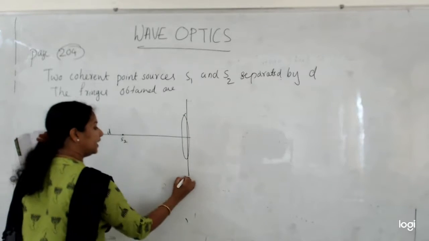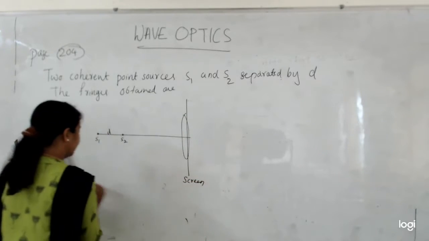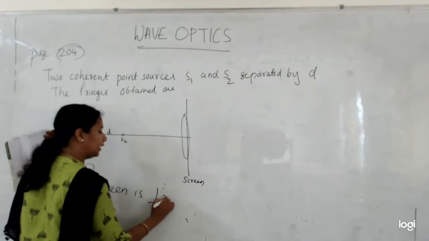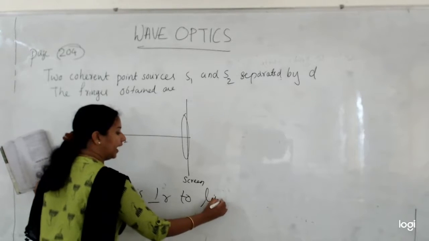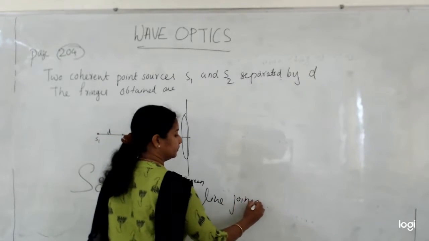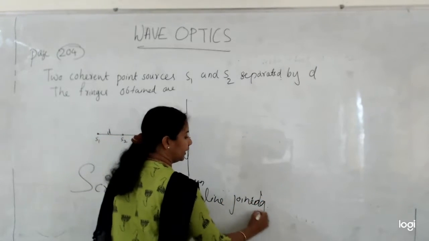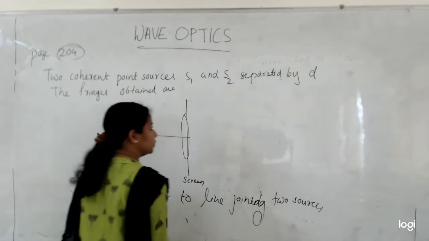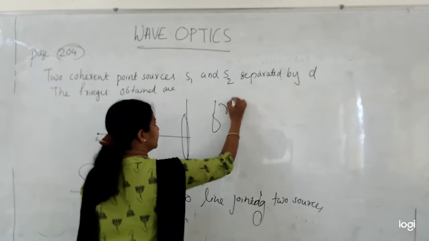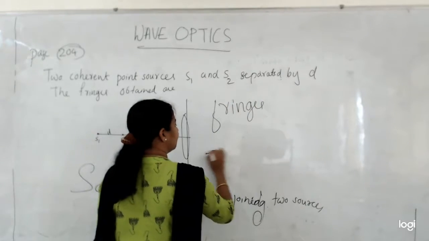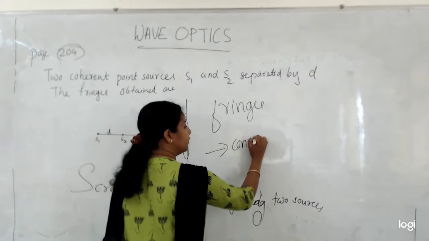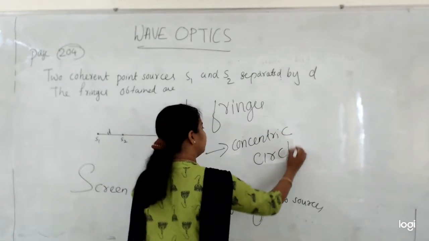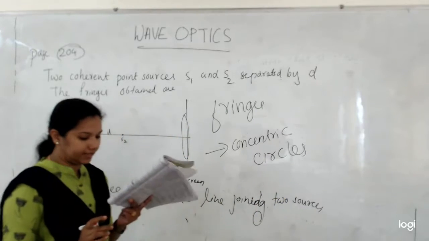This screen is perpendicular to the line joining the sources. In this case, you remember your fringes are in the form of concentric circles.